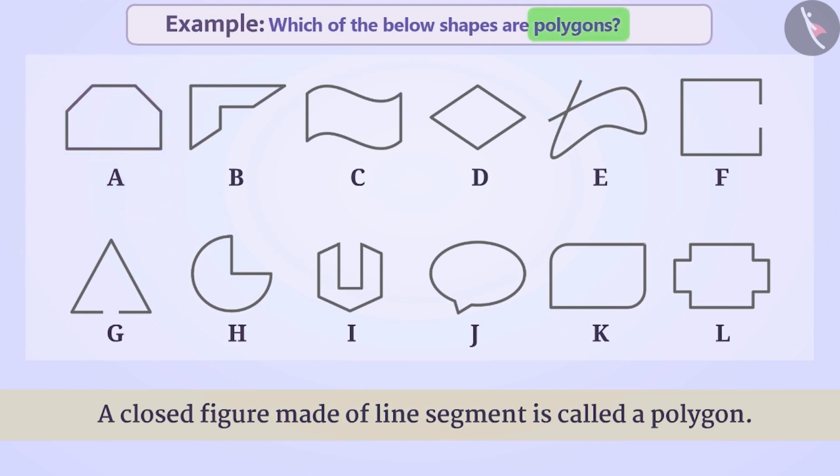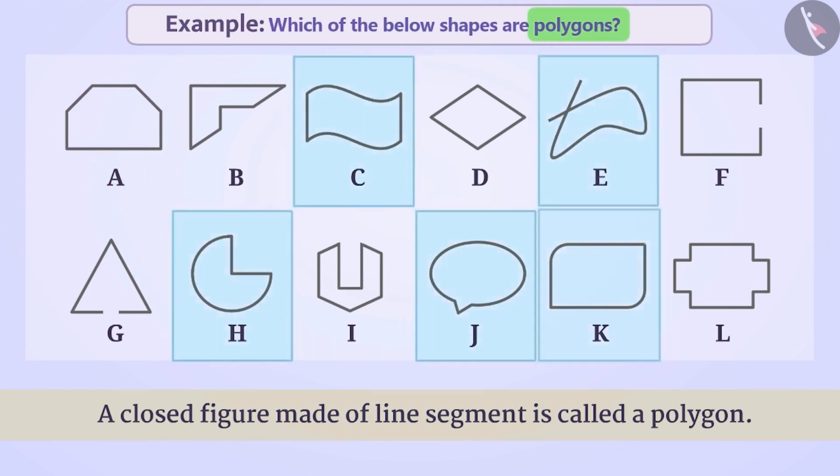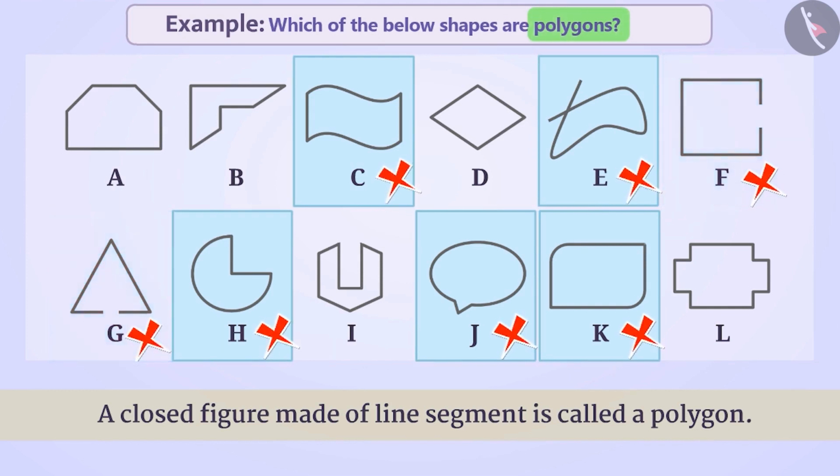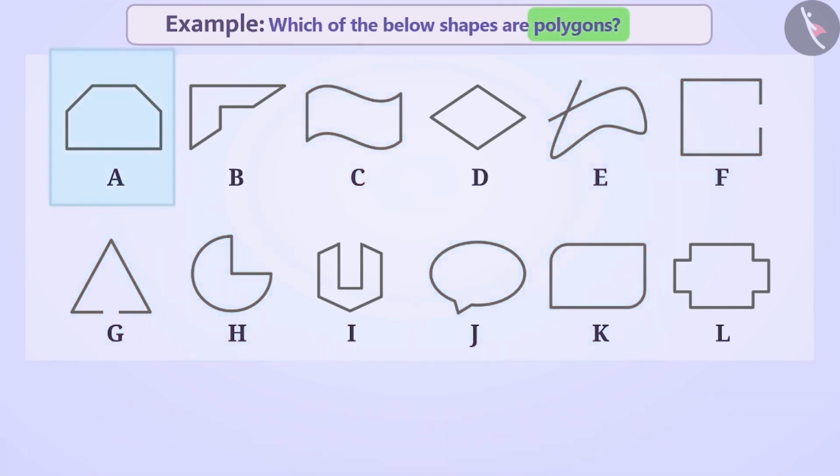Here we see that figures C, E, H, J, and K are not completely made of line segments, rather these are made with curved lines. Similarly, figure F and G are made of line segments, but these are not closed figures. Hence, all these figures C, E, H, J, K, F, G are not polygons.